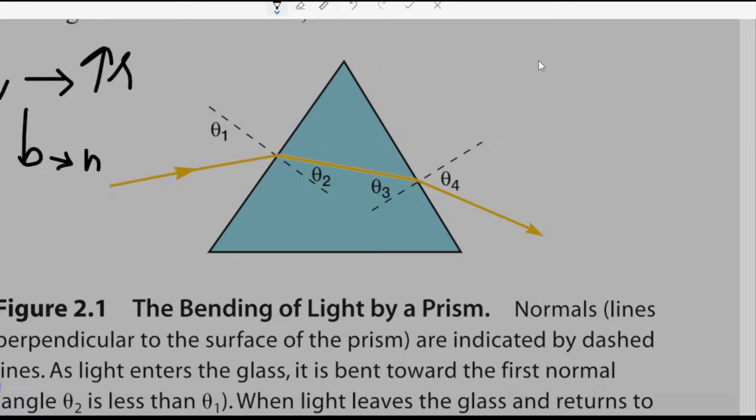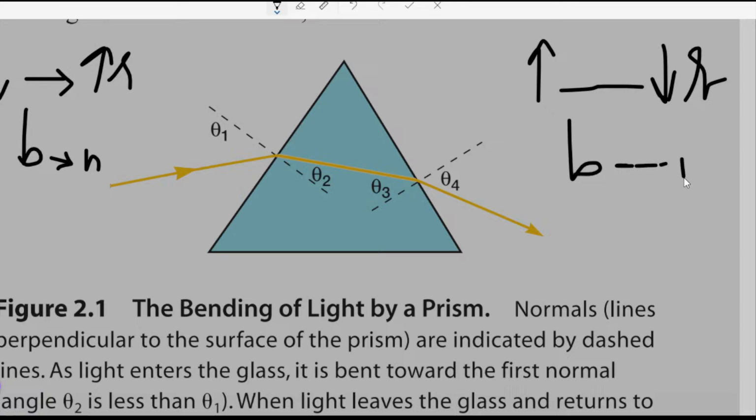And if it is going from higher into lower refractive index medium, then it is going to bend away from the normal. Away and towards, right? I hope we get this point.